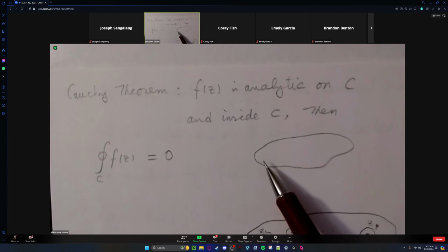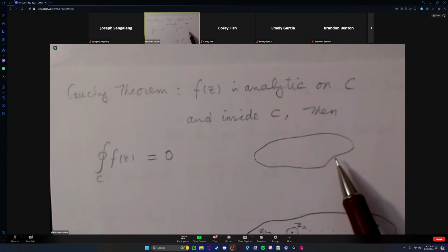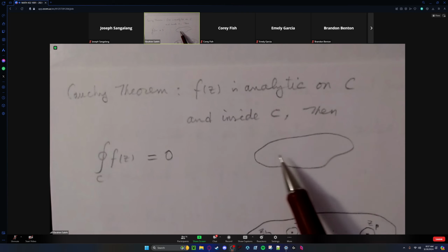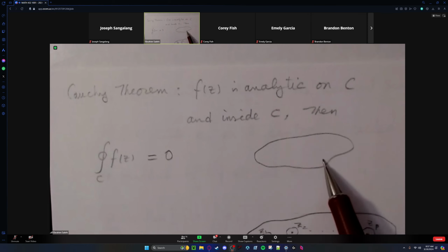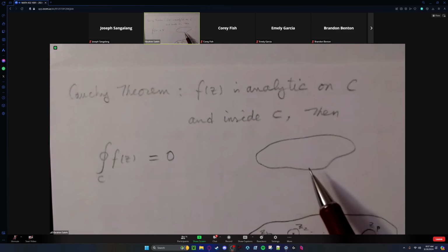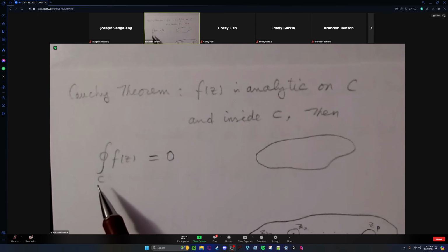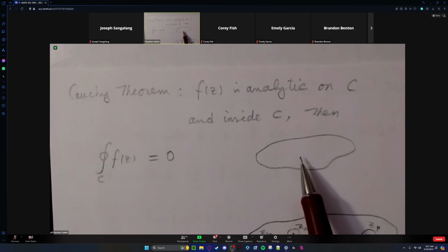If the function is analytic here, has no bad point inside this closed curve, and it's simply connected, there's no hole in here, the Cauchy theorem says the integral is zero. Done.